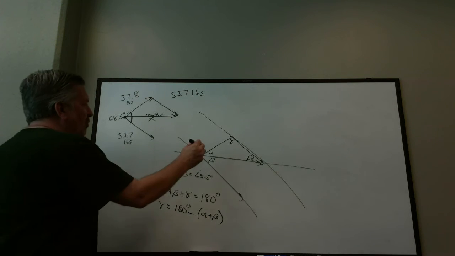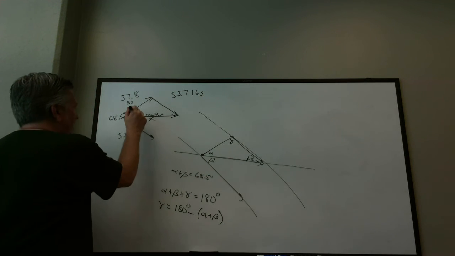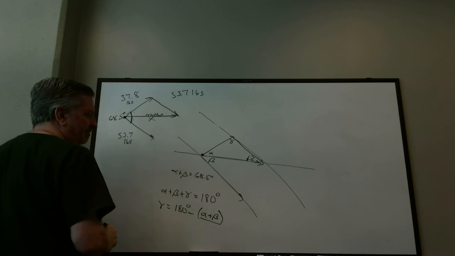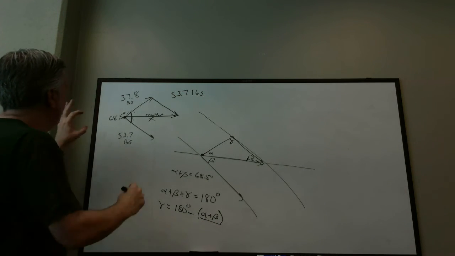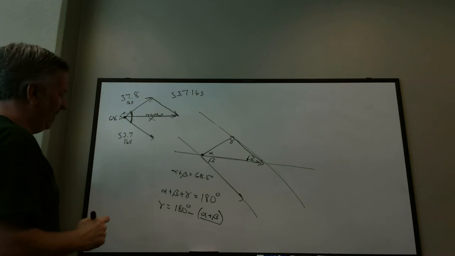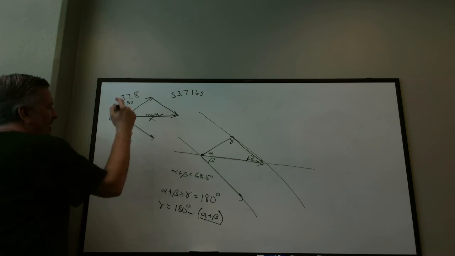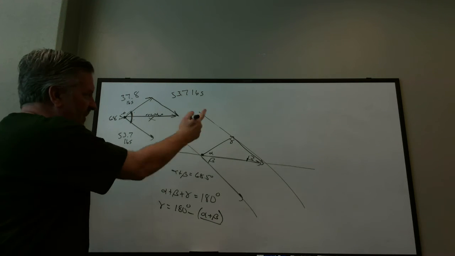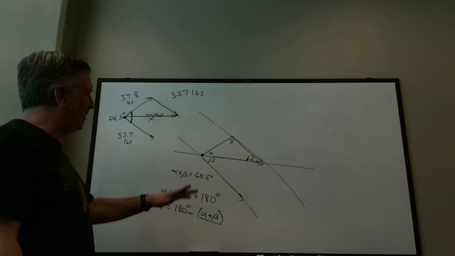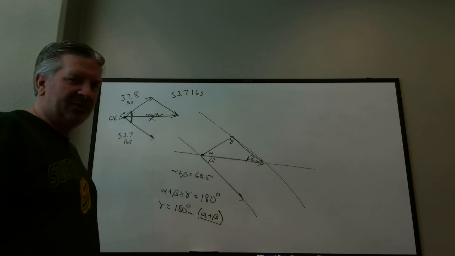So notice in this problem, I don't know alpha, I don't know beta, but I do know their sum. So if I say 180 degrees minus the angle between the vectors, that'll give me the angle up here, gamma, that I've called gamma. Again, I just made up these letters. Okay, so that's a fact you should just remember, so you don't have to figure this out every time one of these problems comes up.